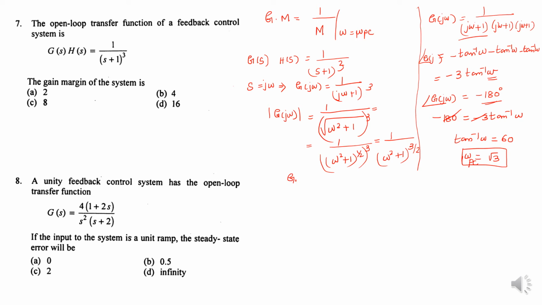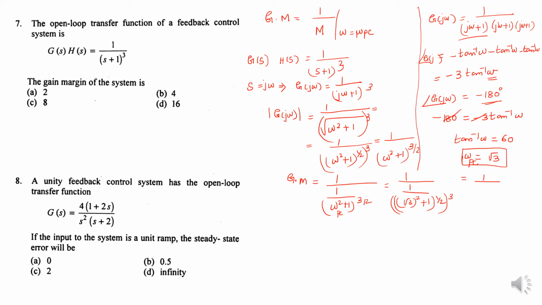Now I have to substitute this in the gain margin. 1 by, what is the magnitude? 1 divided by (omega square plus 1) the whole power 3 by 2. Now I have to substitute omega PC, which is root 3: 1 divided by ((root 3) square plus 1) the whole power 1 by 2, the whole cube. So what is the answer?